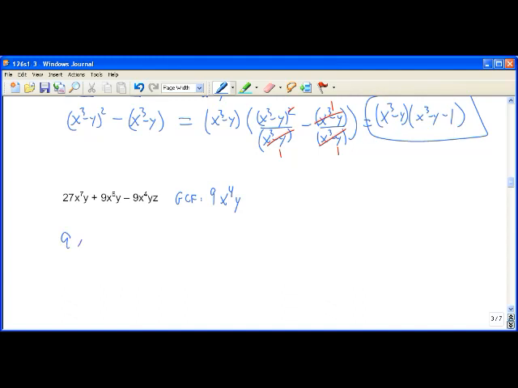So we're going to have a 9x to the 4th y times 27x to the 7th y divided by 9x to the 4th y, plus 9x to the 6th y divided by 9x to the 4th y, minus 9x to the 4th yz over 9x to the 4th y. So I'm dividing that out of each term, multiplying and dividing, so really I'm not changing anything here, but the result will be what?